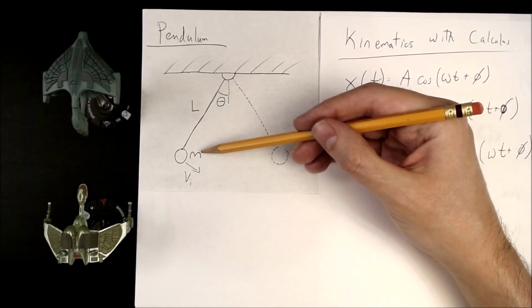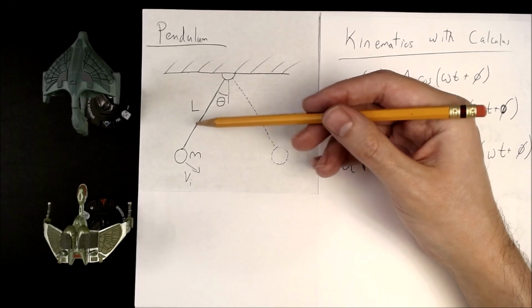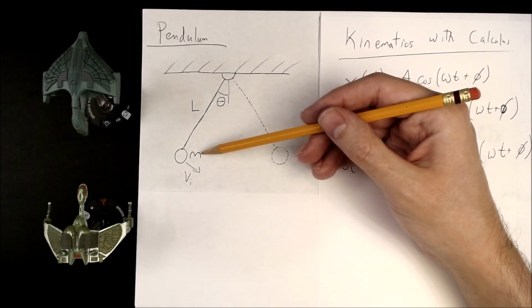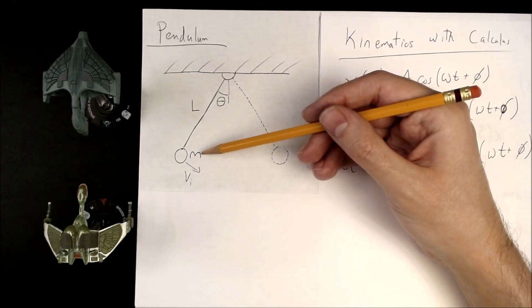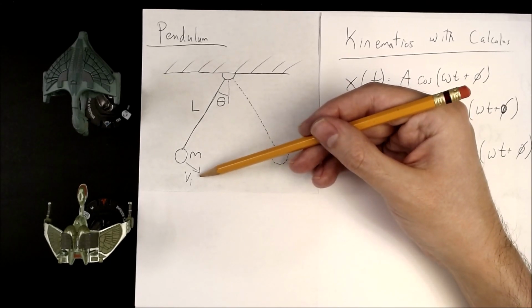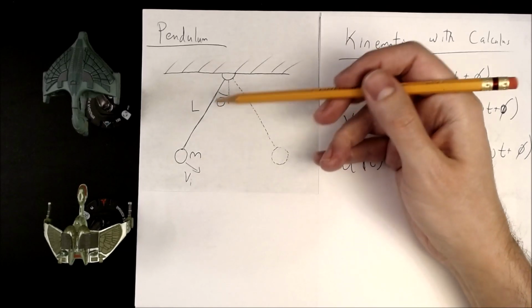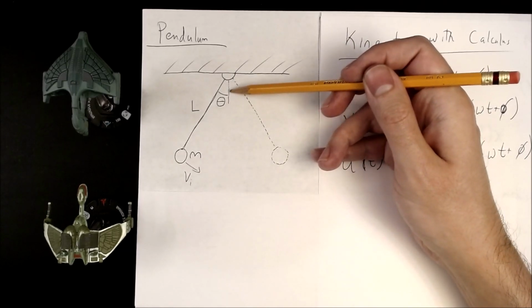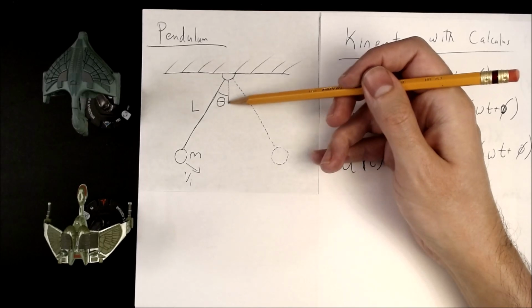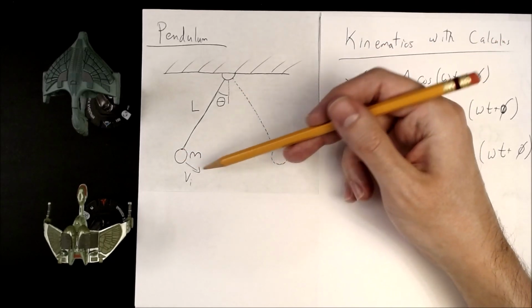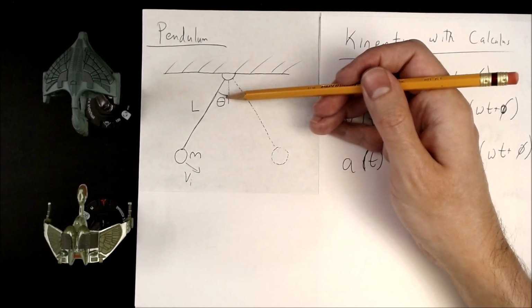Is that going to affect how quickly it goes back and forth? Its angular velocity, angular frequency? What about its initial velocity? What about this maximum angle? You know, there's got to be some maximum angle that it gets to. Is that going to affect how long it takes to go back and forth?